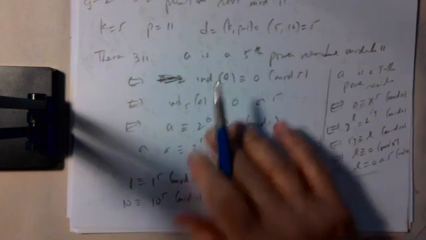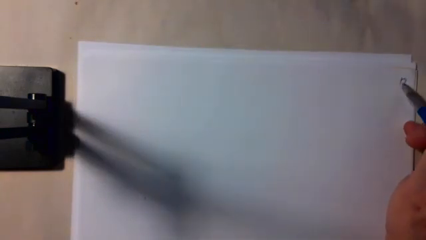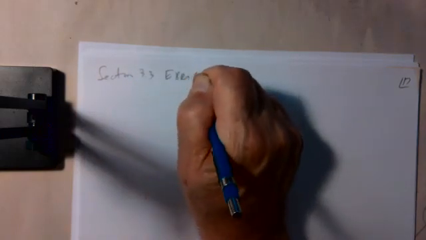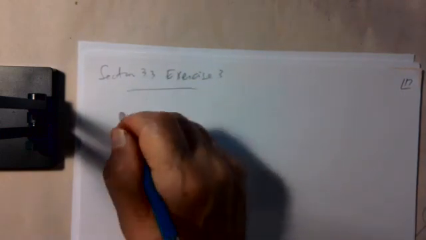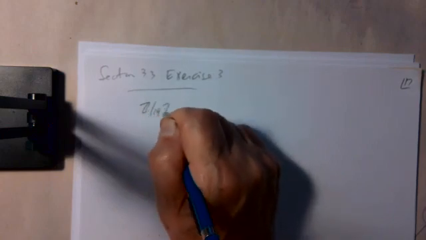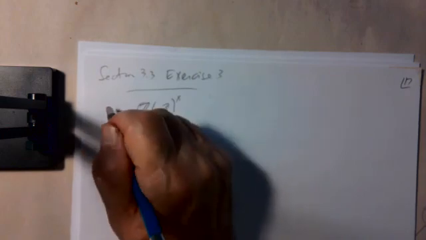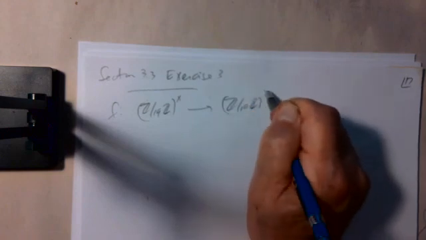Number 3. Okay. So this is section 3.3, exercise 3. We have the non-zero congruence classes modulo 19, and we define a function f from this multiplicative group to itself.